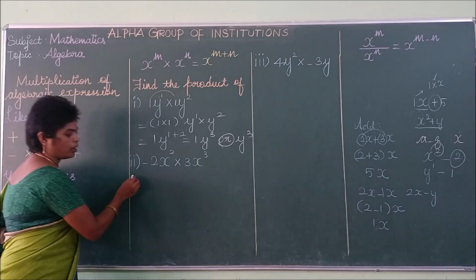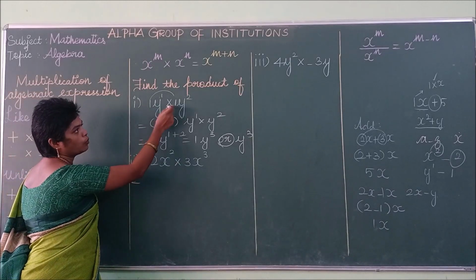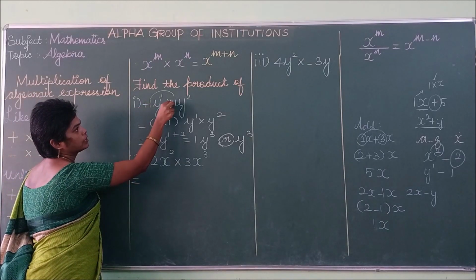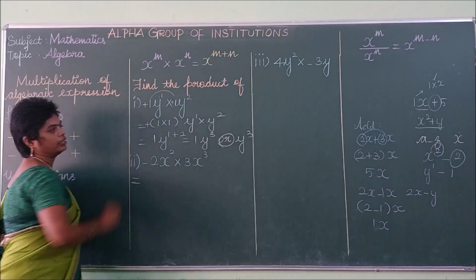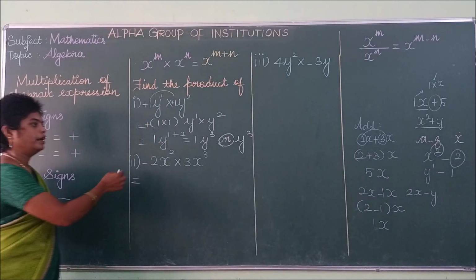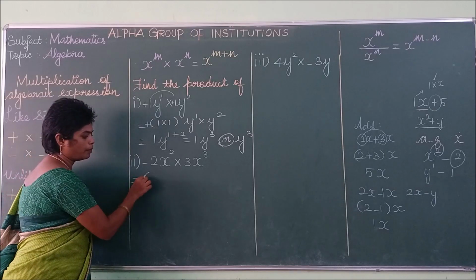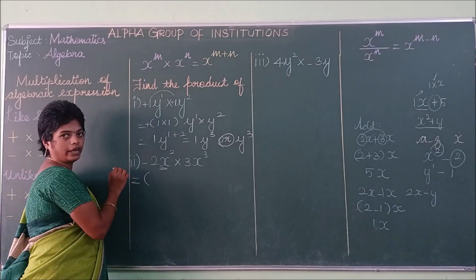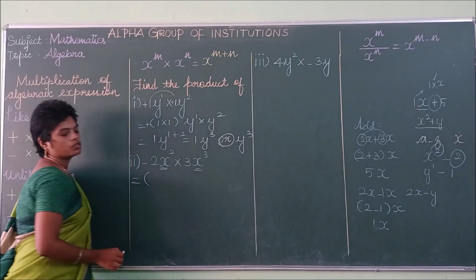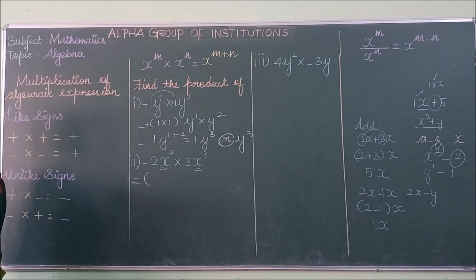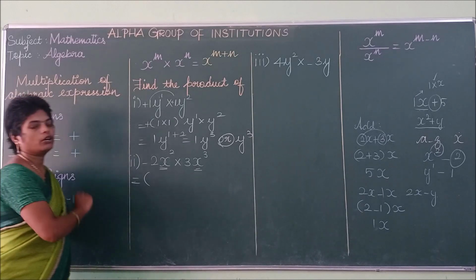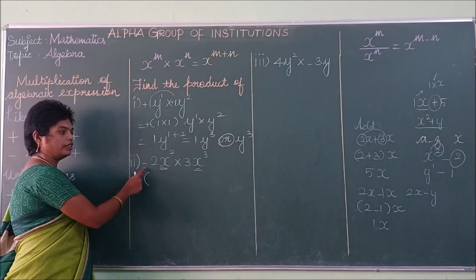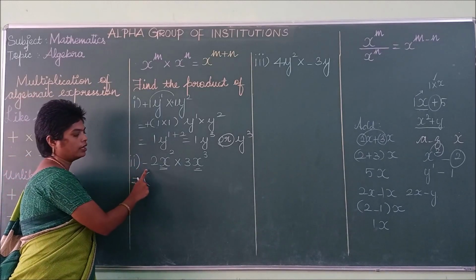So look at the second problem. Here both signs are what? Plus, plus. Plus into plus you get plus. But listen here, for this problem, here also x and here also x, so both the bases are same. You can add the powers, and you check the coefficients also. What is the coefficient?